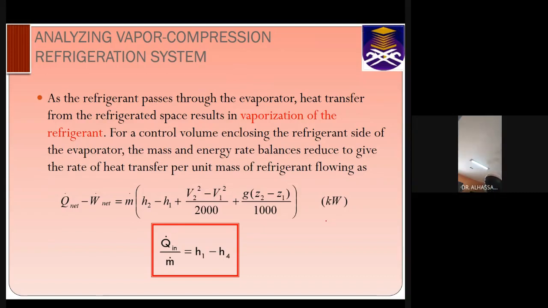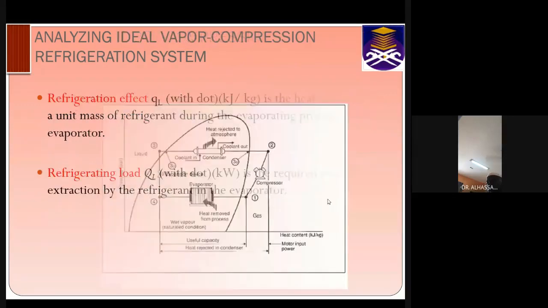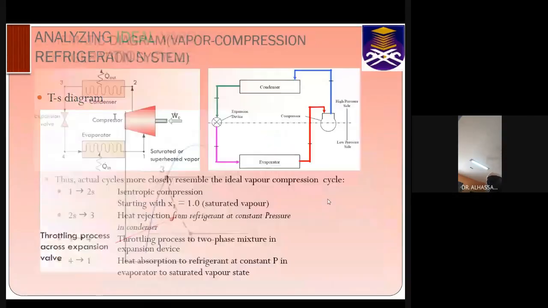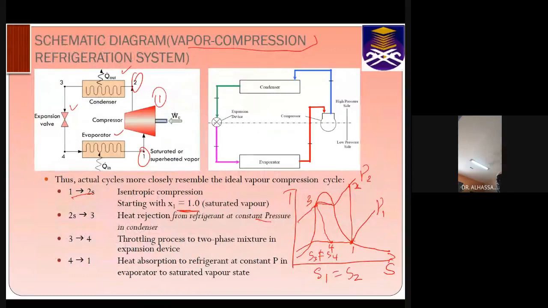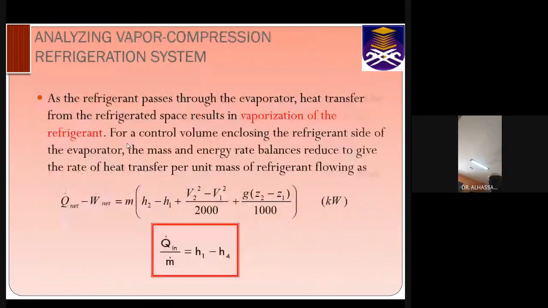If you go to the diagram, Q in is this. Let's say this is my evaporator.